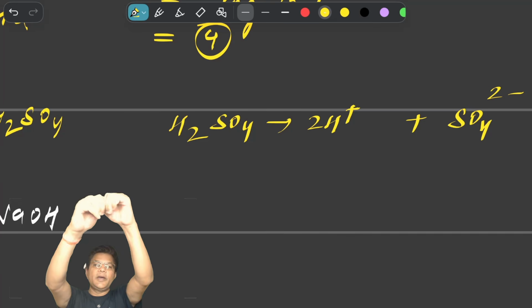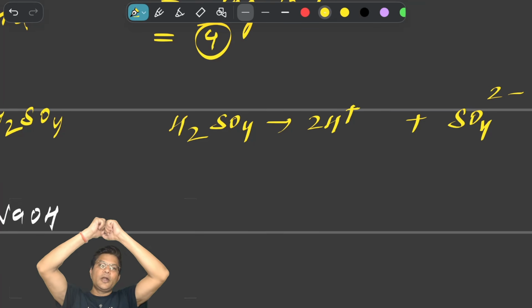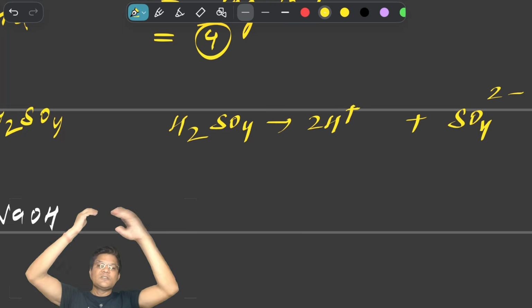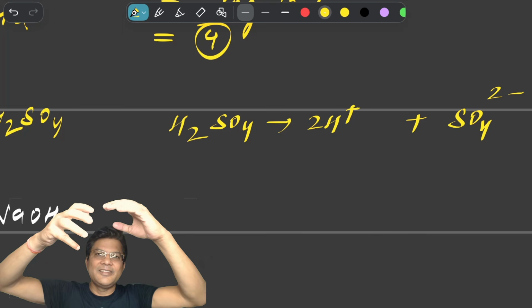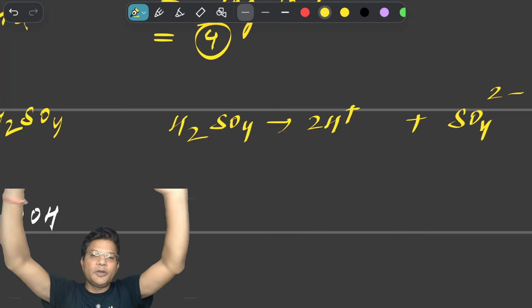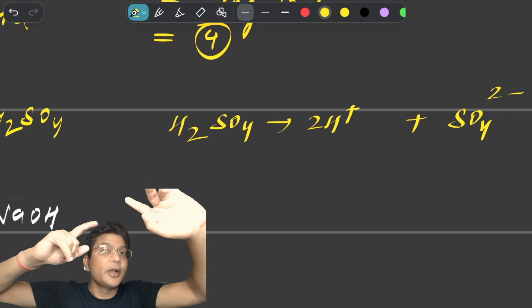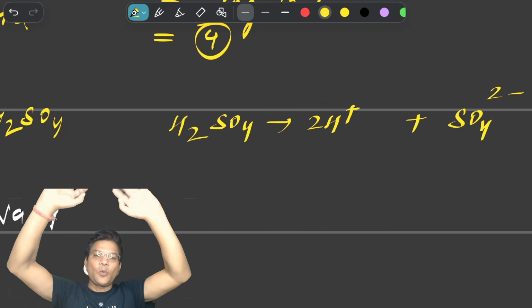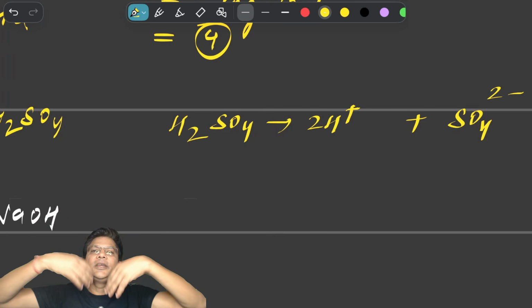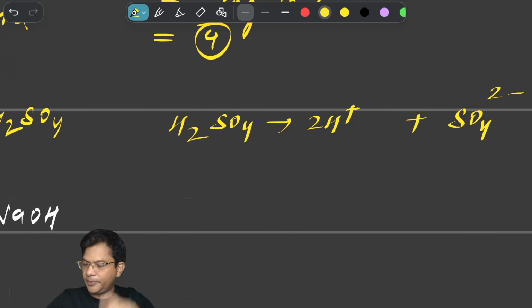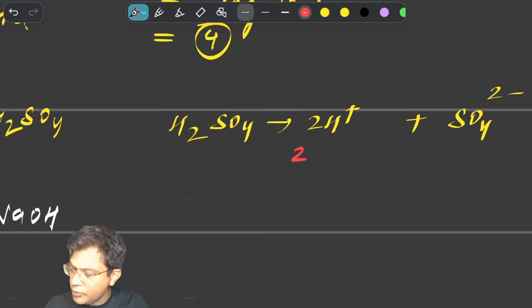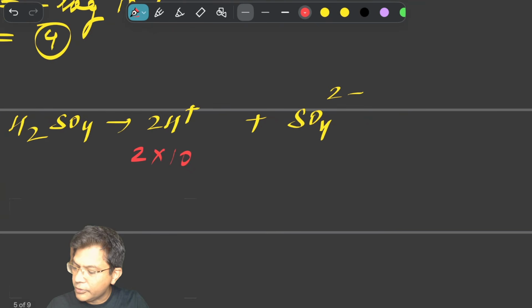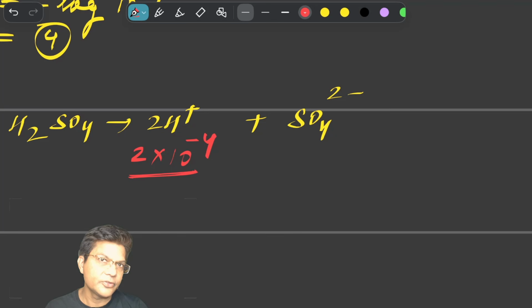Suppose this is your Baba H.S.P, and after 200 years somebody is going to cut H.S.P's body. So one H.S.P will produce 2 hands after 200 years. Okay. So one H.S.P will yield how many hands? Twice. So its molarity was 10 raised to power minus 4, so we will get 2 into 10 raised to power minus 4. We will get this much. That is the H plus concentration.